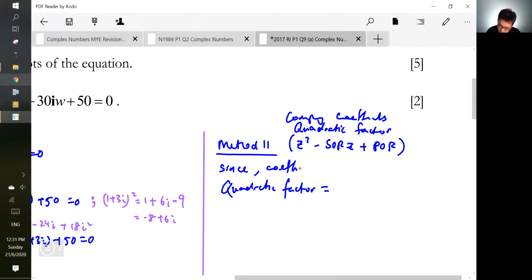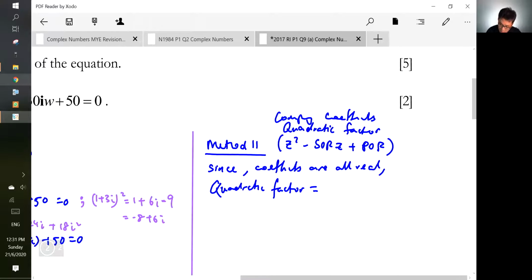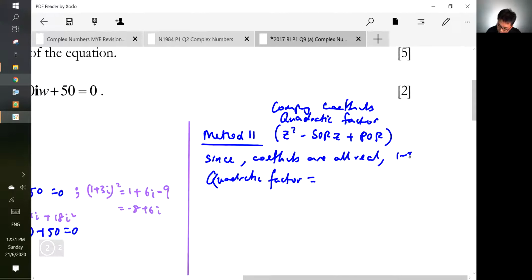coefficients are real, you have 1 minus 3i is also a root. By conjugate root theorem, you want to write that down, you can write it down.